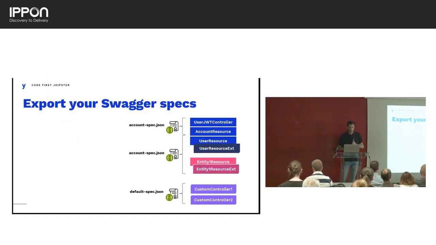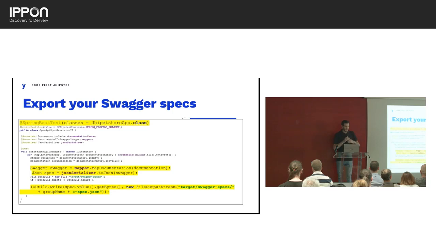And we have really started to do this. To export these JSONs generated by Swagger, you have to run an integration test. You simply iterate over the groups, and instead of serving the specification via controllers, you just write them on your file system, and then, like with the Maven assembly plugin, you can deploy.